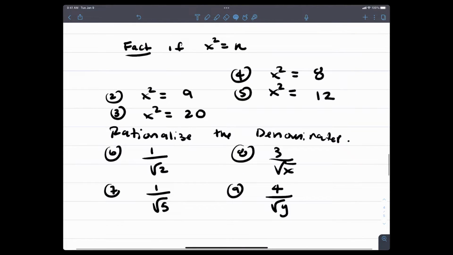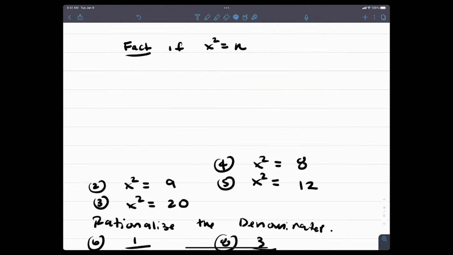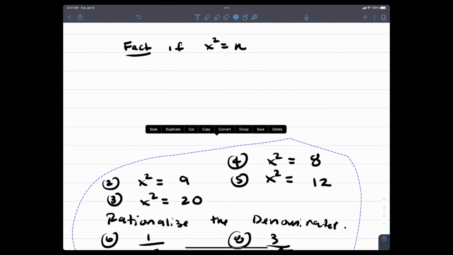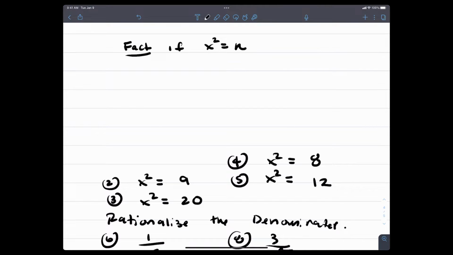If x squared equals n, what do you guys know? Then x is going to be plus or minus the square root of n.